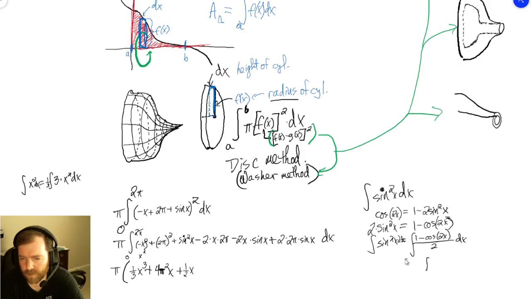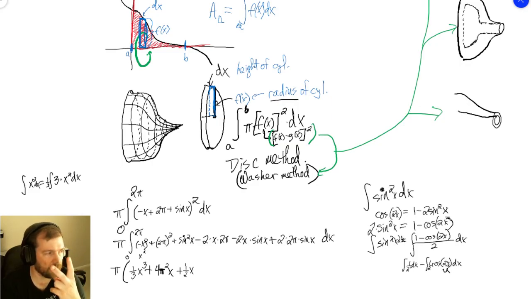So this is the integral of 1/2 dx minus 1/2 cosine 2x dx. Alright, the 1/2 isn't doing us any favors here. If we want to replace 2x by u, then again we have to say what du is going to be. du is going to be 2 dx, rather.